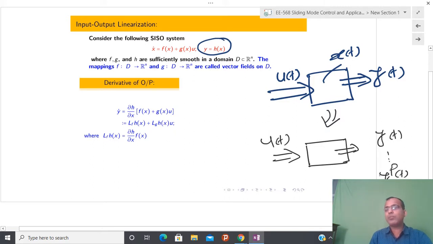Suppose I am talking about the pth derivative, so I am going to express everything in terms of the output and its higher derivatives. So what is the obvious assumption we have to make for this? Anyone? Yes, the derivative should exist first, and due to that reason you can see that I am assuming that h is sufficiently smooth.